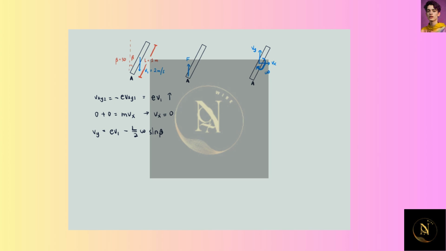Now, solving for the moments about point A, taking the clockwise direction as positive, we'll have m v1 L over 2 sine beta plus 0 equals negative m vy L over 2 sine beta plus I omega.